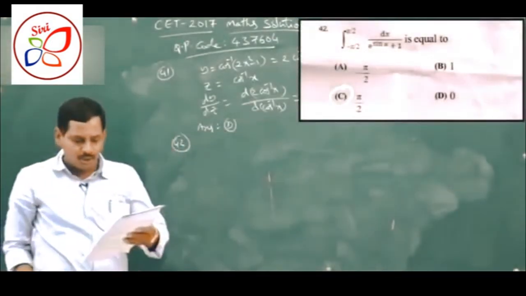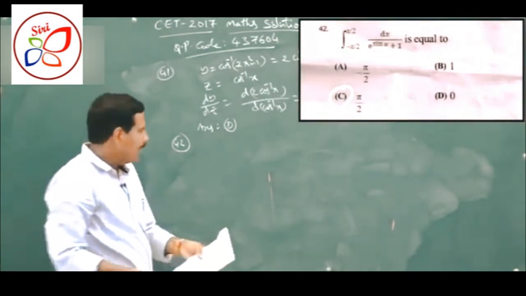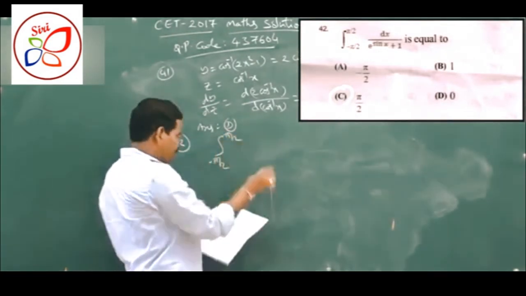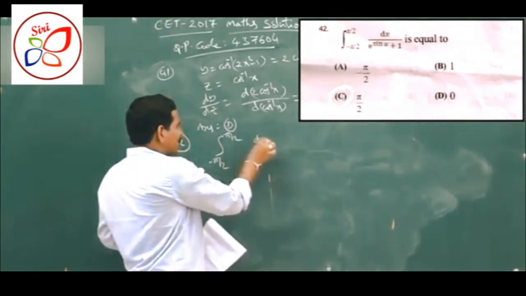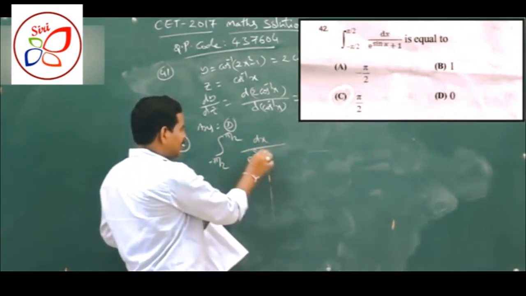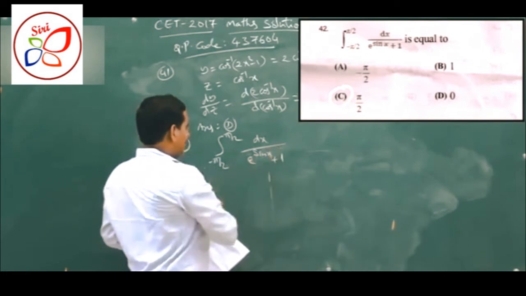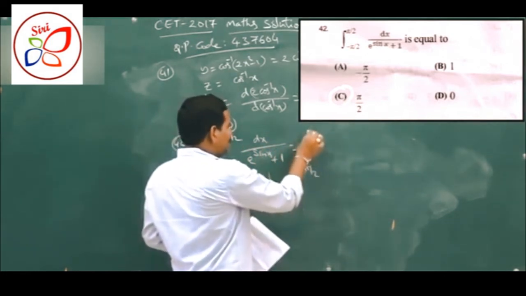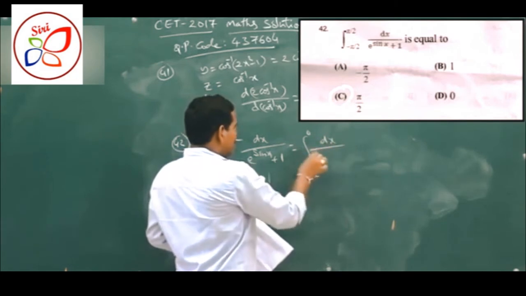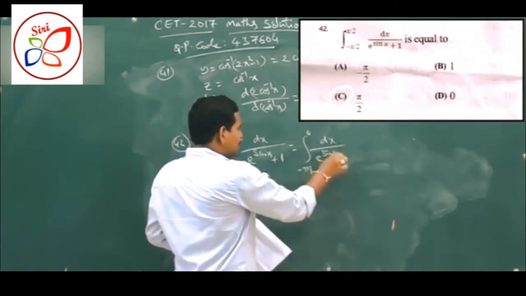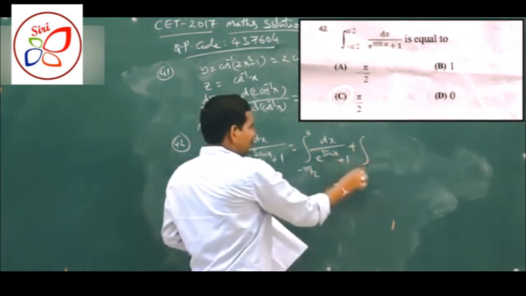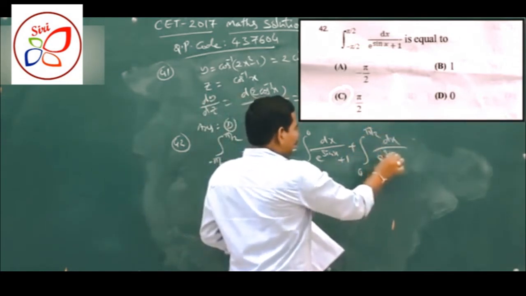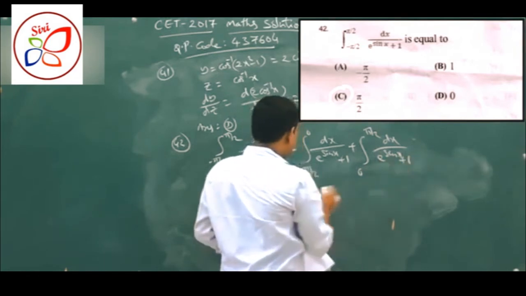Now, question number 42. Integral minus pi by 2 to pi by 2 dx by e to the power sin x plus 1 given. Split this into two parts, minus pi by 2 to 0 dx by e power sin x plus 1, and the second part is 0 to pi by 2 dx by e power sin x plus 1.